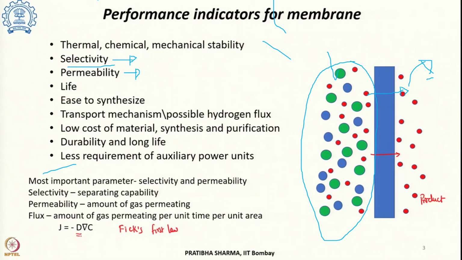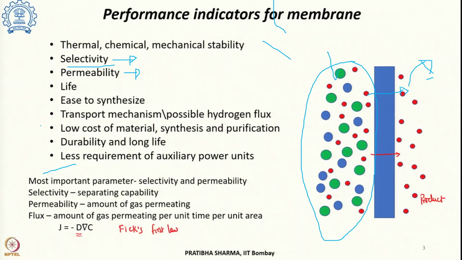That is the quantitative property, permeability. How much quantity of hydrogen will pass through the membrane? That is the permeability. These two terms are very important in membrane research. And easy synthesis, long life, and chemical, thermal and mechanical stability. These are the simple things.